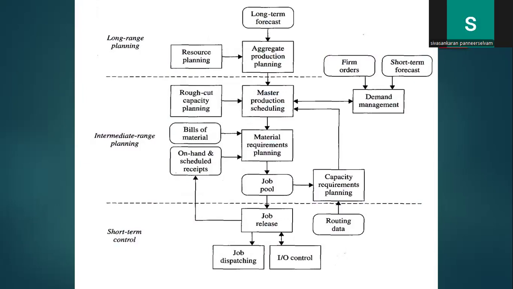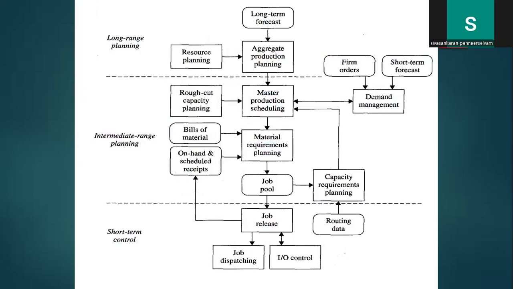Say aggregate production planning for this year. Every year has 12 months. So what is the aggregate planning for the month of June? Similarly for the month of July up to May. For every month, we will have some set of demand targets: how many products have to be planned and produced.